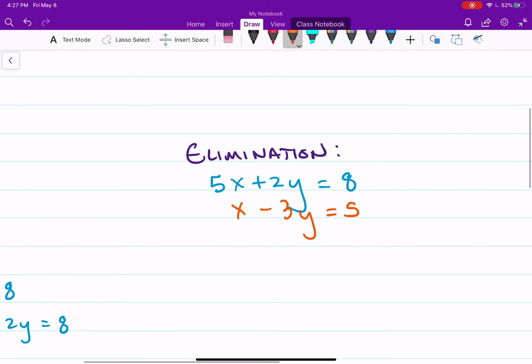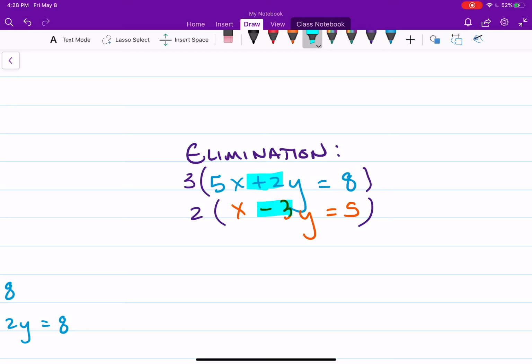It is really up to you. So here's what I would do. Since I see a positive here and a negative here, I'm going to go with eliminating the y. So I'm going to multiply this by a 3 and this by a 2. And your question is, why? Well, because I need this coefficient and this coefficient to be the same.